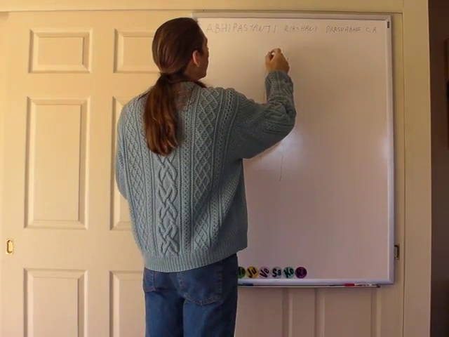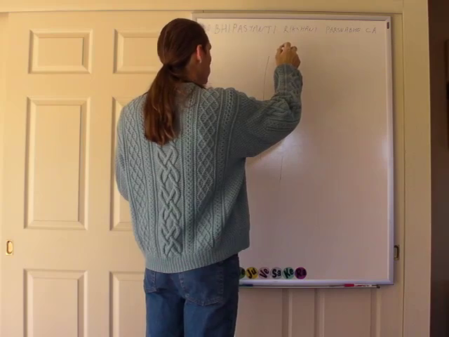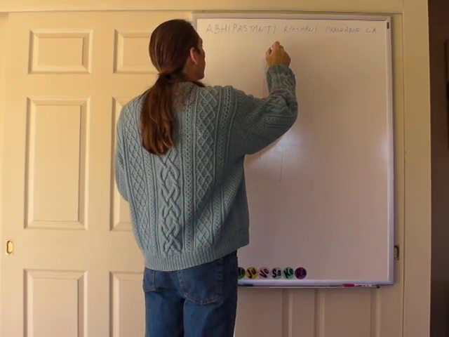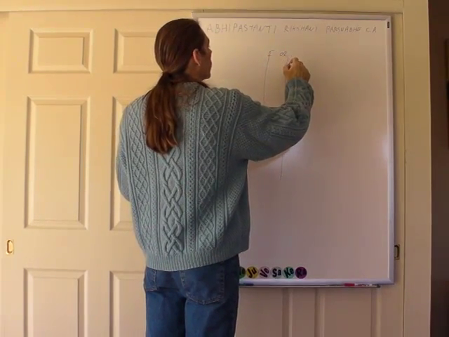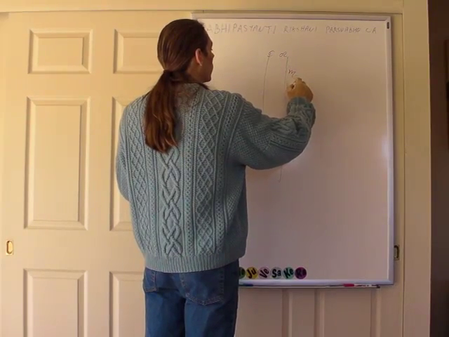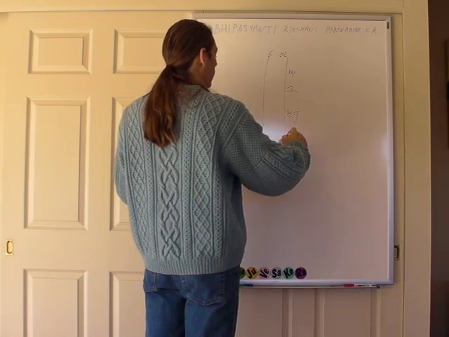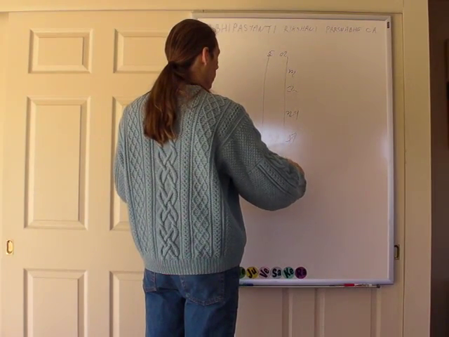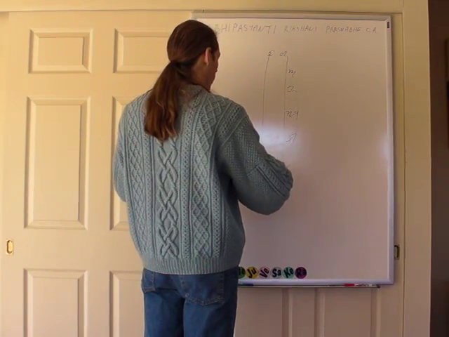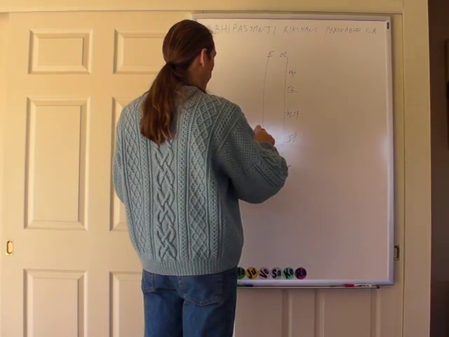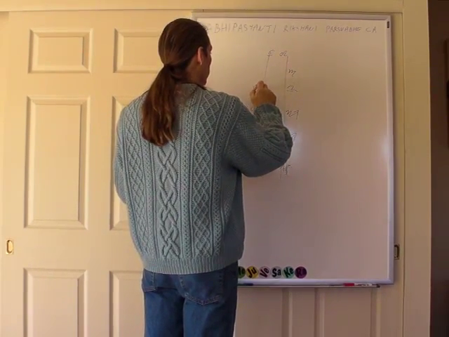Okay? We have Cancer, Leo, Virgo, Libra, Scorpio. Did I draw it the other way last time? Sagittarius, Capricorn, Aquarius, Pisces, Aries, Taurus, Gemini.